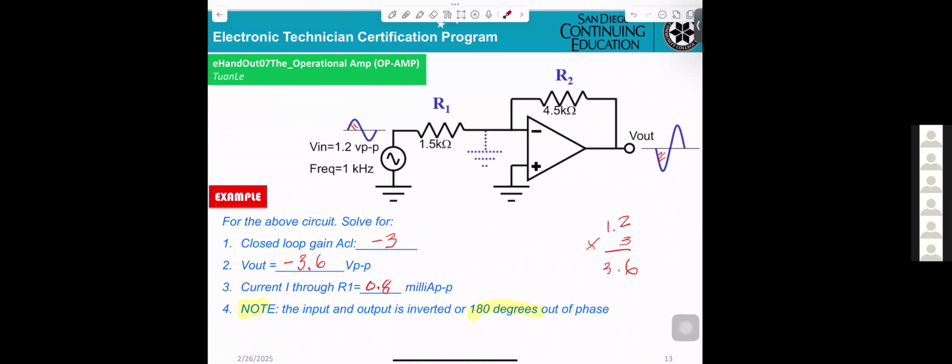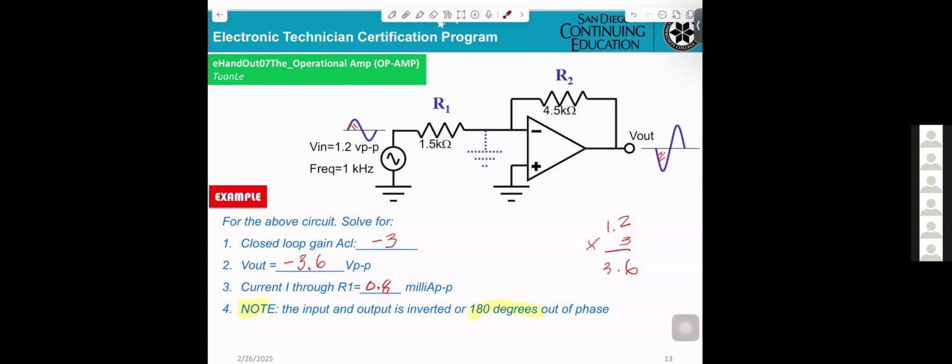And now you can see they apply an input of 1.5 V peak to peak at the frequency 1 kilohertz to this inverting op-amp. First thing, closed loop gain, minus R2 over R1. V out will be V in times the gain.